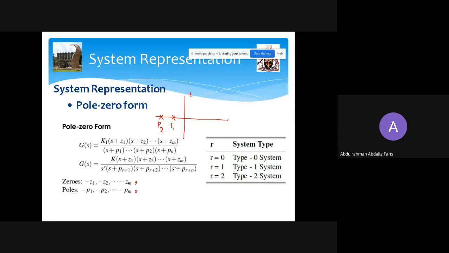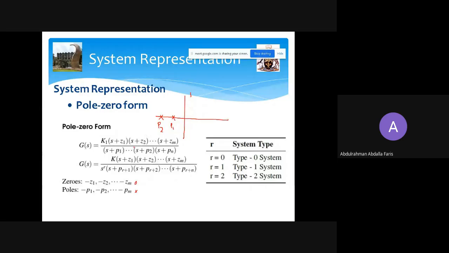The roots of the denominator are the poles of the system, and the roots of the numerator are the zeros of the system. Because if you put the value of p1 here, this thing will blow up. We will have a pole at infinity. That's why we call it a pole. Because if this is, let's say, minus s, then the whole system will go to infinity.